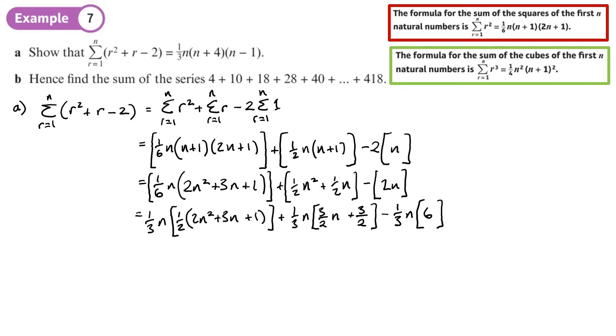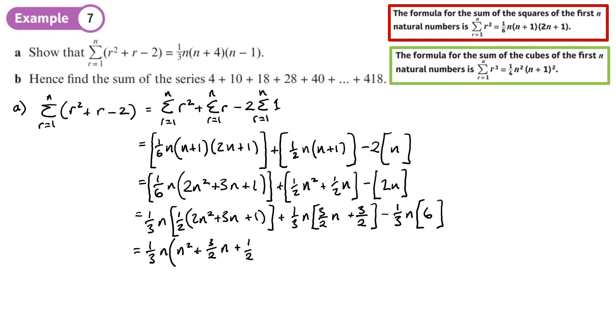So let's take that factor and stick it right at the front now. 1/3 n, it's a factor of everything. So in the brackets, I would have a half of all of this stuff. So let's do that. So n squared plus 3/2 n plus a half.